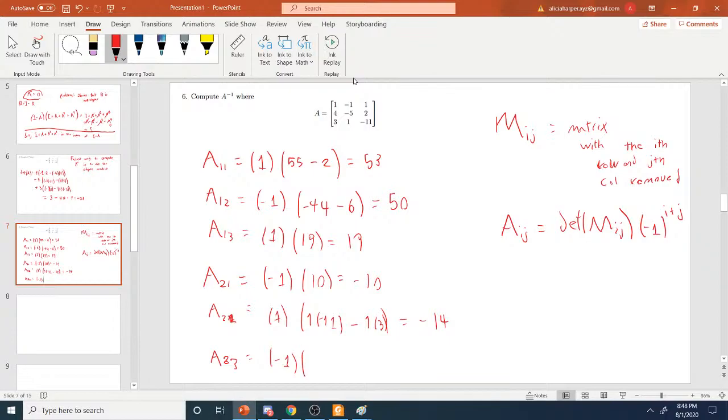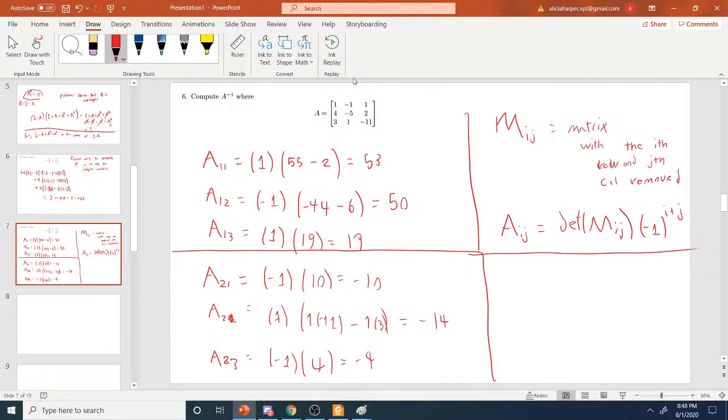And this corresponds to omitting the second row and the third column, which is going to give me -1 times 4, because 1 times 1 minus -1 times 3. This gives me -4. And now finally I need to compute A31, A32, A33.